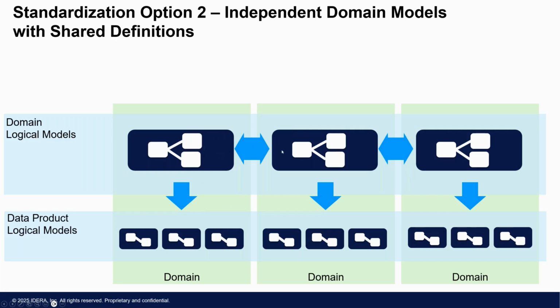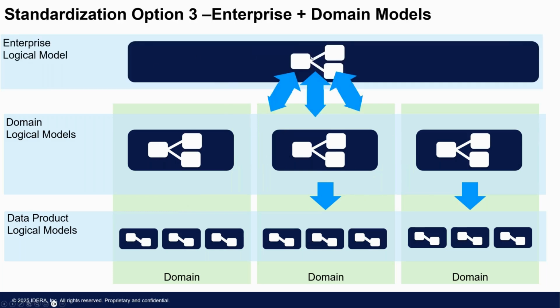Again, we can use ER Studio and its compare and merge tools to copy entities across the different domain models. Or we might have a more complex approach where we've got one enterprise model with stuff that's consistent and common across all domains, and then each domain has its own model. And for each data product, we're then pulling from that palette of foundational data products.